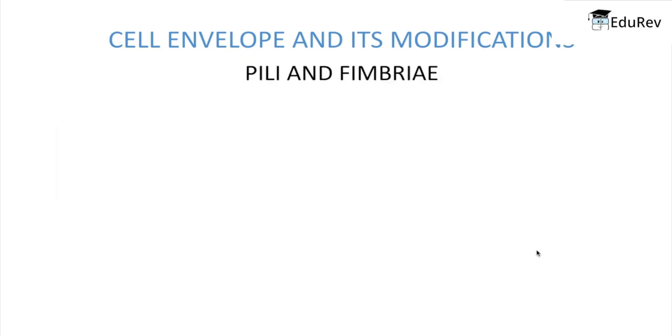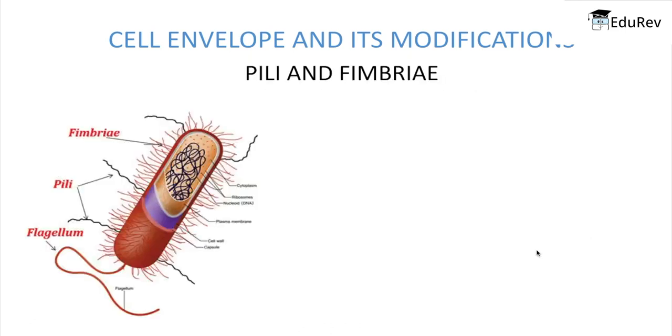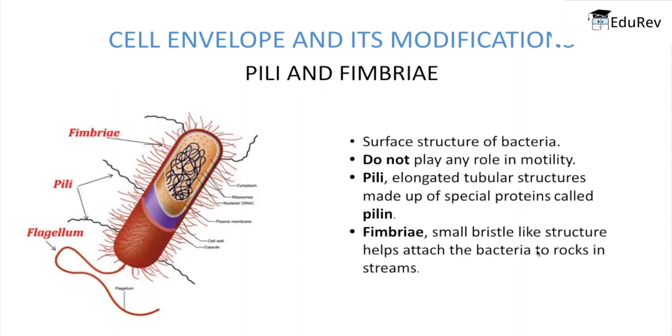Many motile and non-motile bacteria have pili and fimbriae, which are surface structures of the bacteria. But these fimbriae and pili do not play any role in the motion of the bacteria.